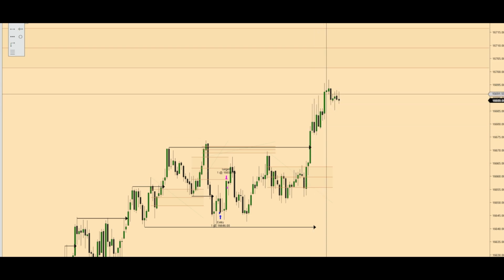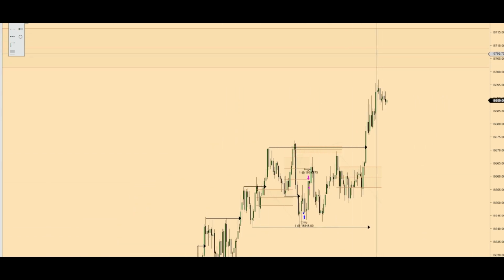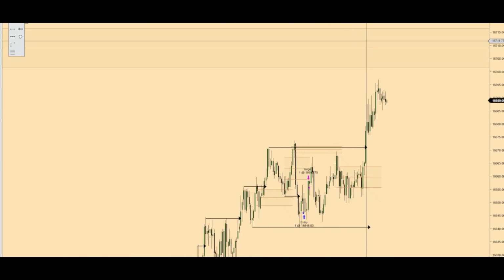And so right here, there's a flip right here. But I don't think it's valid because we're not in the zone.